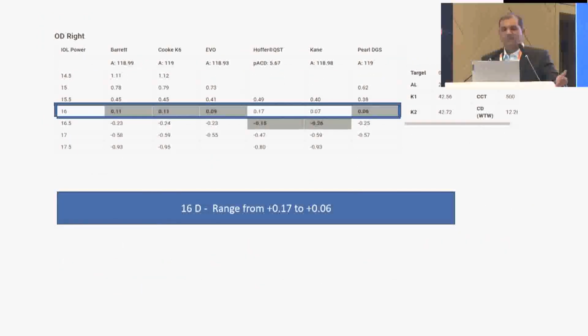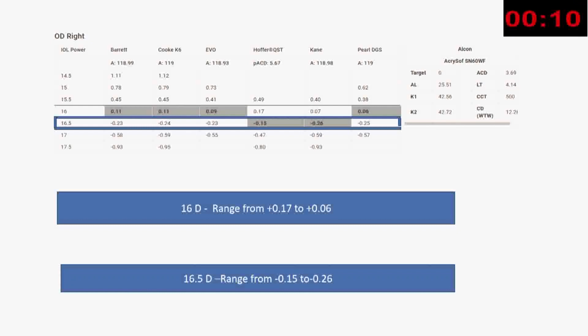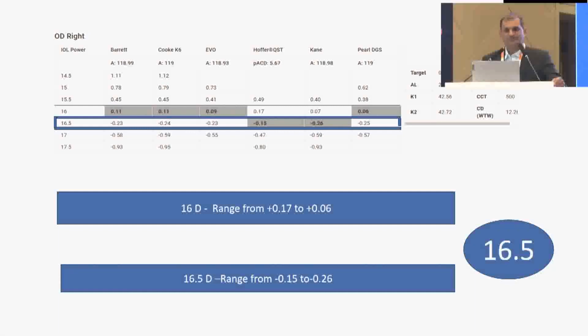Suppose you go for 16 diopter, and see the range of corrections in the different formulas: plus 0.17 to plus 0.06. And for 16.5, the range is minus 0.5 to 0.26. Since the patient is myopic, I would like to keep a little more on the myopic side. So the 16.5 diopter lens has to be selected. Now you can incorporate many formulas at a time, which are available in real time online on the ES series calculator.